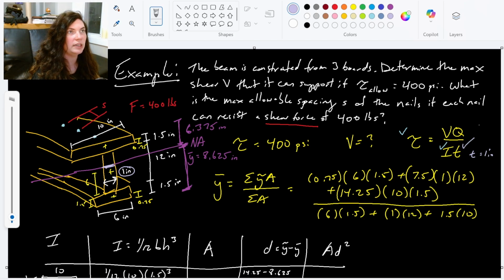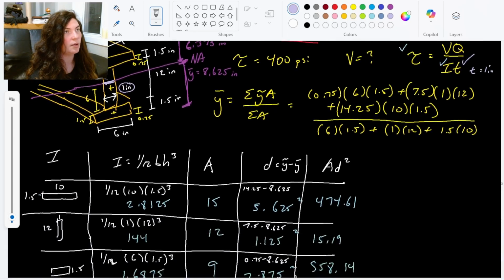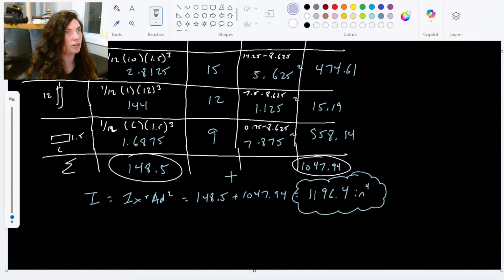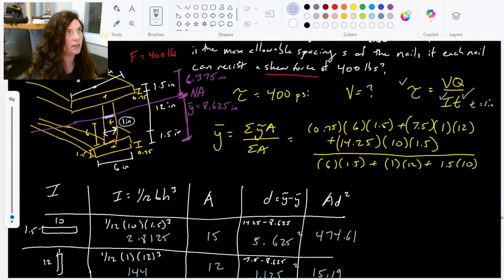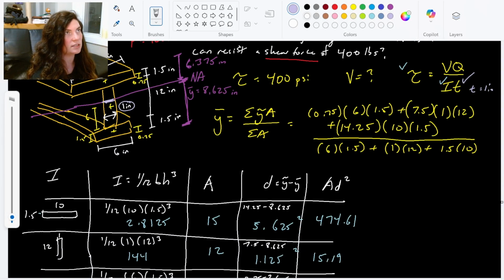So the last thing that we need is that Q term. And this guy can be a little bit tricky because it's not always obvious what to use when you're given something that has a different top and bottom like this. So in this case, what I would do is do both. Do both your top and bottom Q. And what I mean by that is going ahead and calculating what is my Q value if I look at the cross section, at the top half of the cross section.